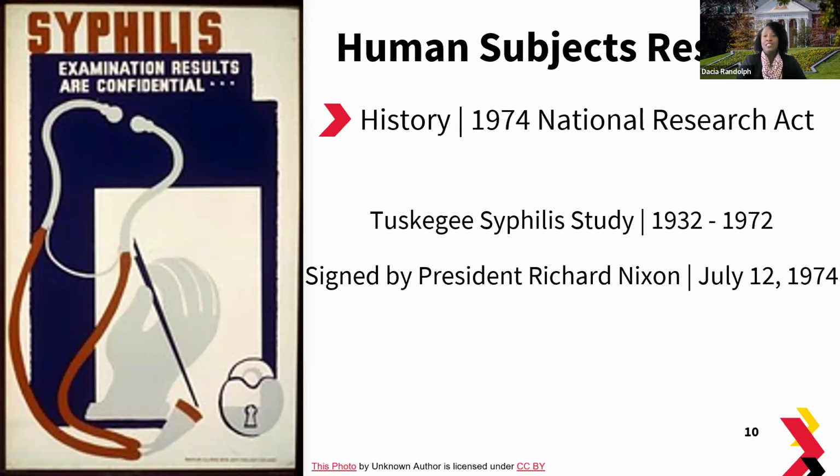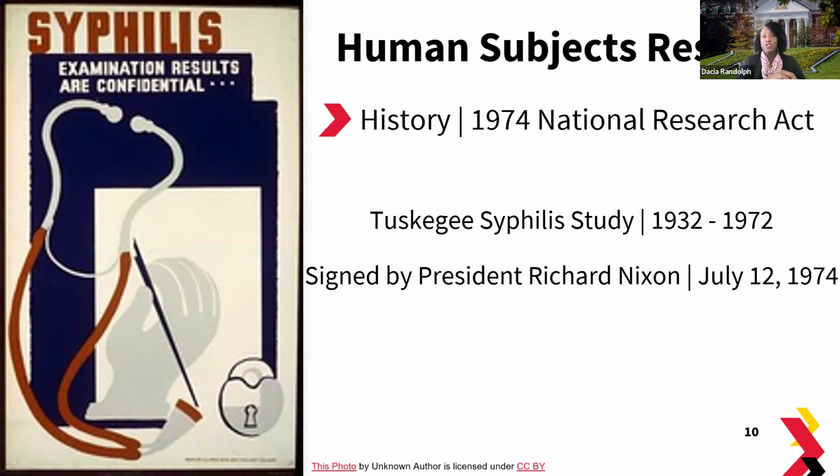While the notion was later dispelled, those men were not informed about penicillin being made available to treat syphilis as early as the 1940s. By the end of this 40-year study, of those 399 men that had syphilis, 28 actually died from that disease, and 100 died with related complications, other things that occurred as a result of having syphilis.